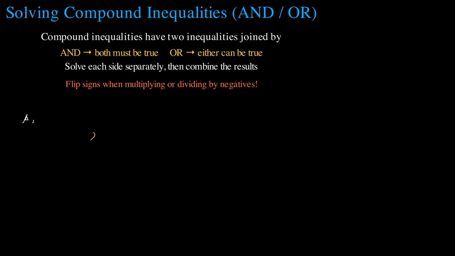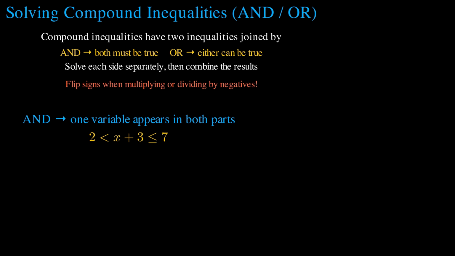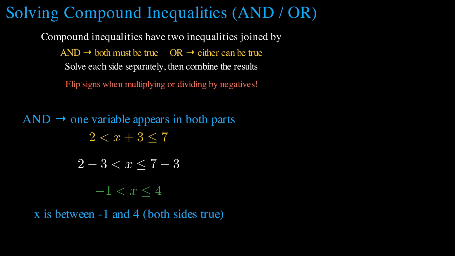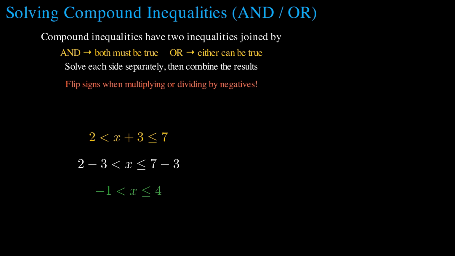Let's look at an and example first. You can tell this isn't an equality because the variable is in the middle and both sides are connected. Now let's compare that with an or inequality.